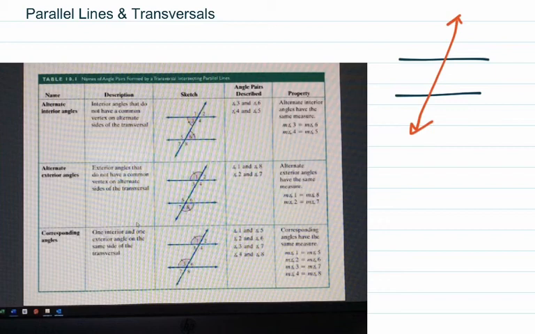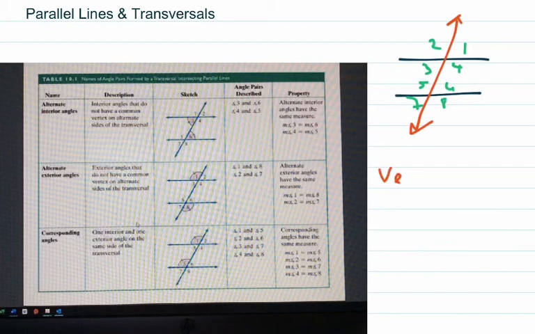So these lines are parallel, cut by a transversal, which gives us the following 8 angles that you see in those other pictures: 1, 2, 3, 4, 5, 6, 7, and 8. So 8 angles happen because we've cut the parallel lines with the transversal. Automatically, going back to reviewing our vertical angles, you should be able to list the vertical angles.